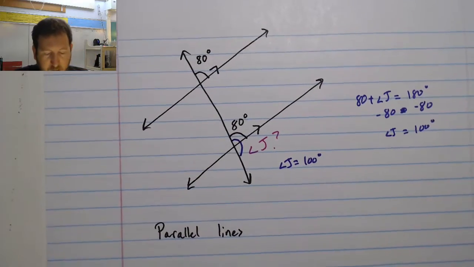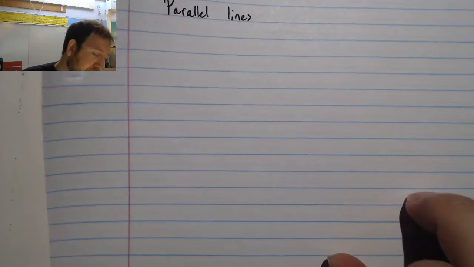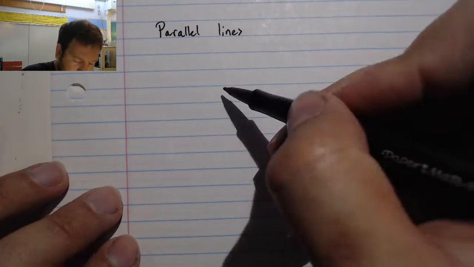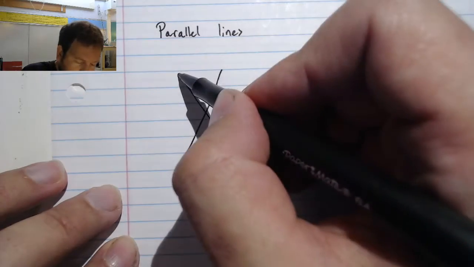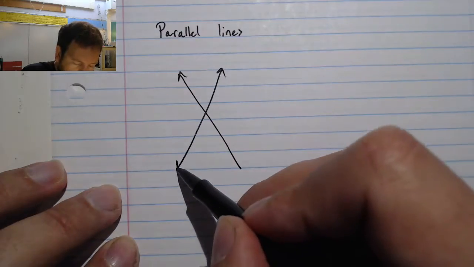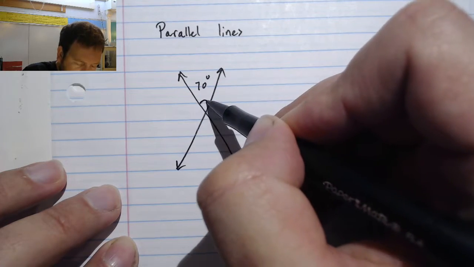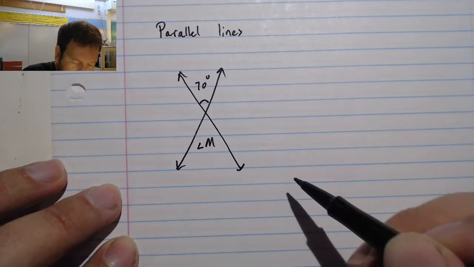Let's take a look at one other example. This one's a little bit easier, but the idea is that you're going to have to be using a lot of these tricks to figure out what they're trying to ask. In this case, they're going to say that this angle here is 70 degrees. And what is angle M?